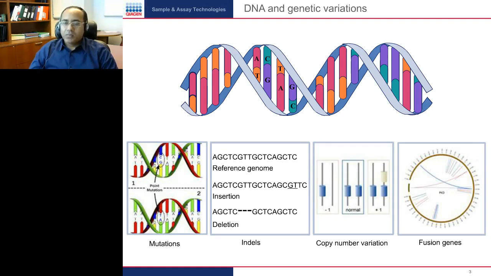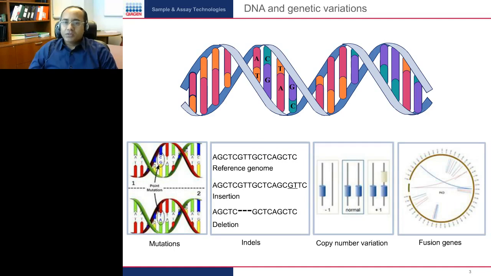There are multiple different kinds of mutations or genetic variations, ranging from point mutations to insertions and deletions, copy number variation, to large structural changes such as translocation, fusion genes, and so on and so forth.